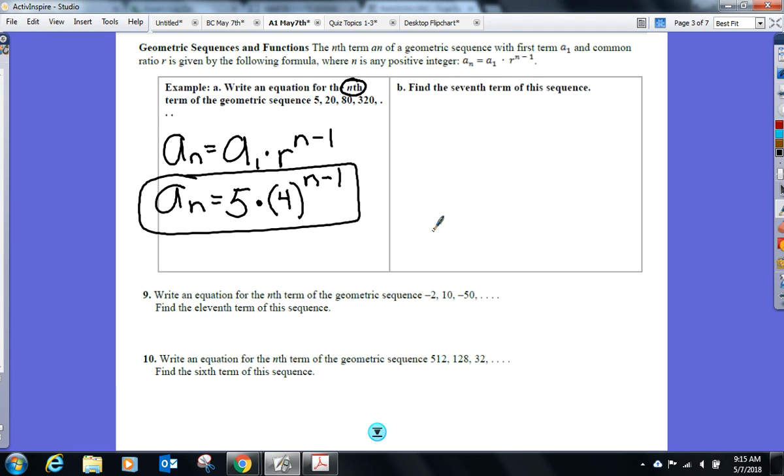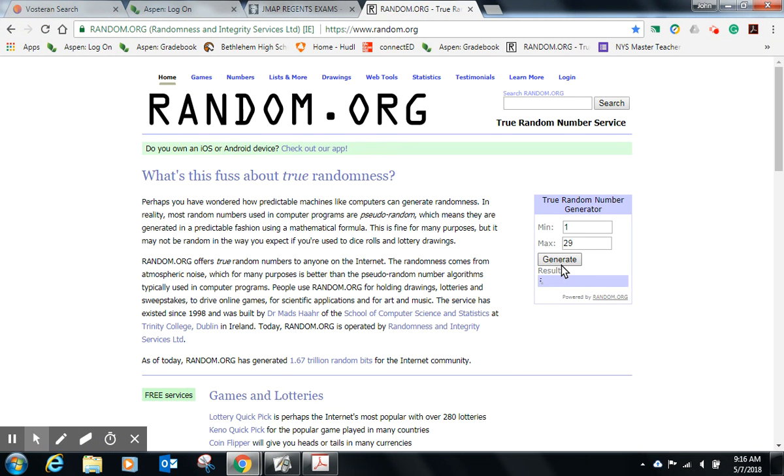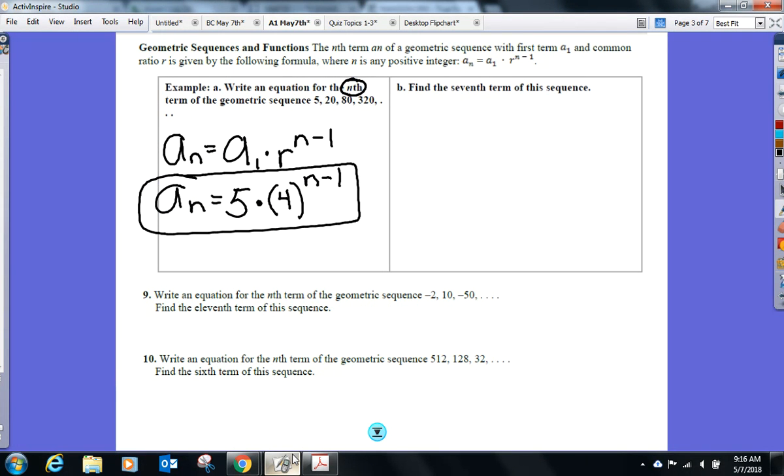All right, what's the 7th term? I do not want you touching the calculator and going 320 times 4, 320 times 4, 320 times 4. I want to use the formula. What term are we trying to find? The 7th term. So where should I plug a 7 in for?